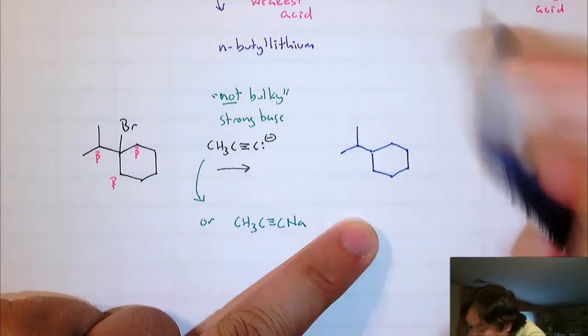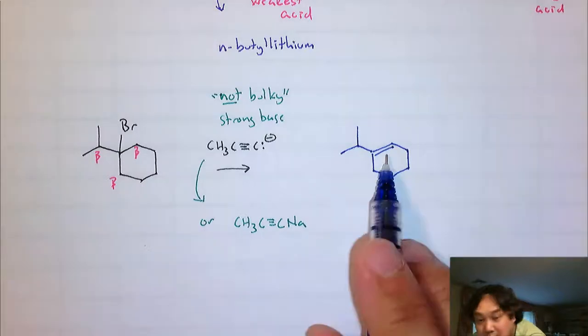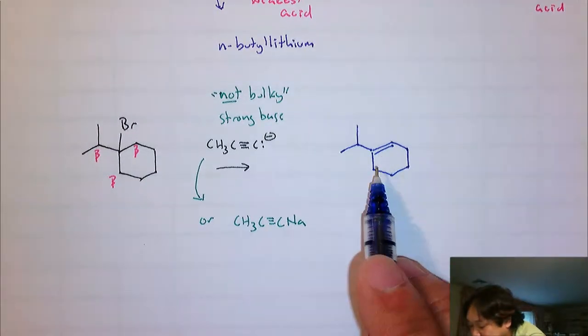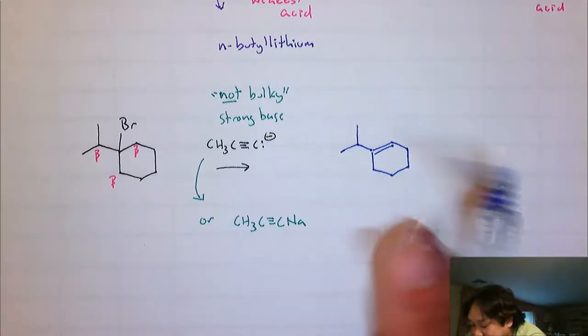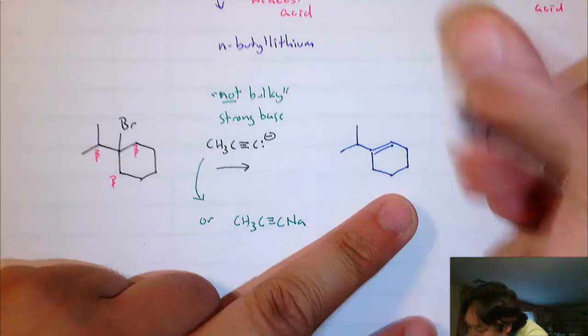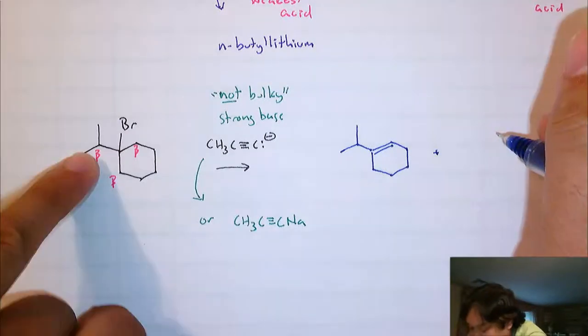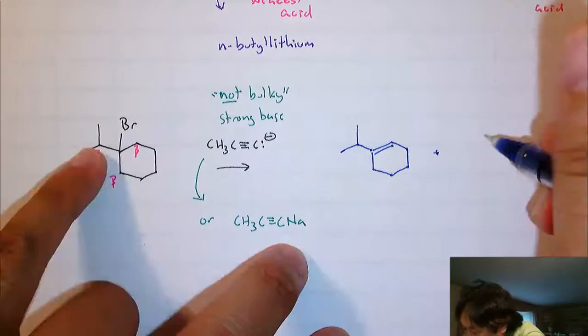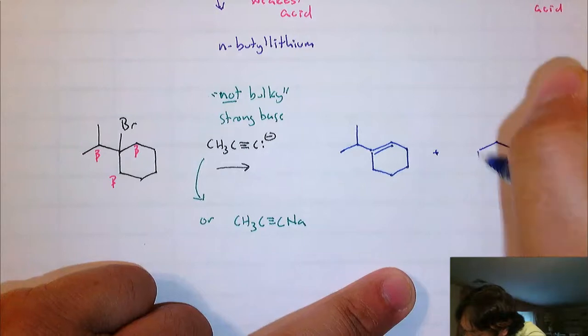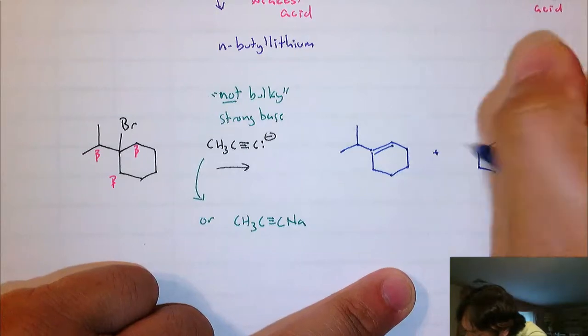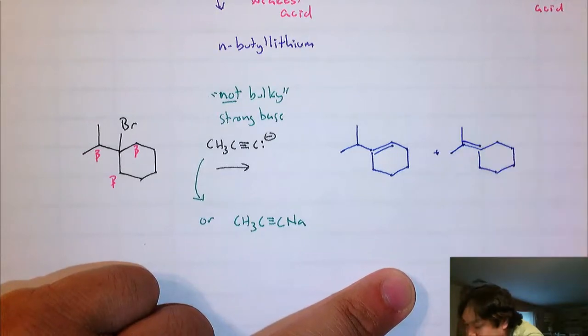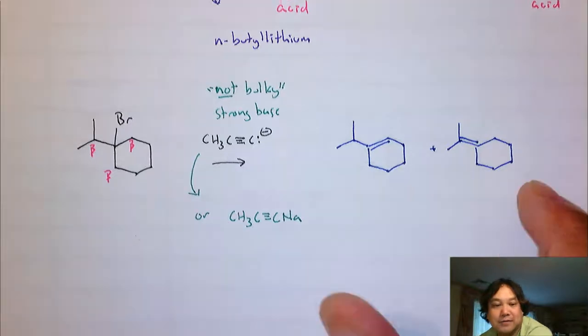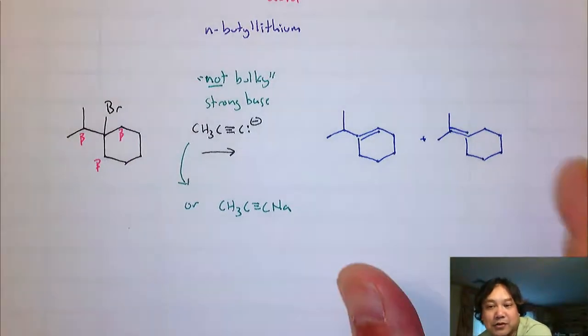Again, the double bond here would be identical to the molecule if the double bond was down here. All I have to do is rotate it. Plus, let's take care of the beta carbon on the left. There. Alright, last thing. Do you know which one is the major alkene?